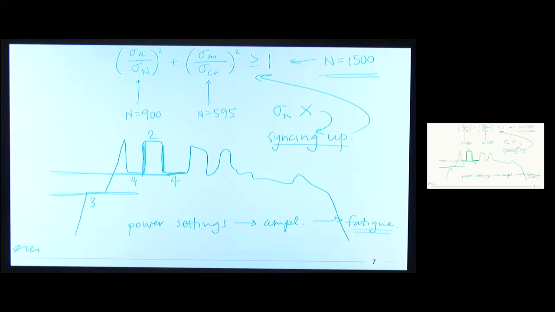If we change the way that we align it in the beginning, and instead of doing power settings with the amplitude, if we keep the power settings and we look at the time at each one, and then associate the time with the power amplitudes instead, like, okay, I want to have the most extreme case, highest stress amplitude and the longest time, right?